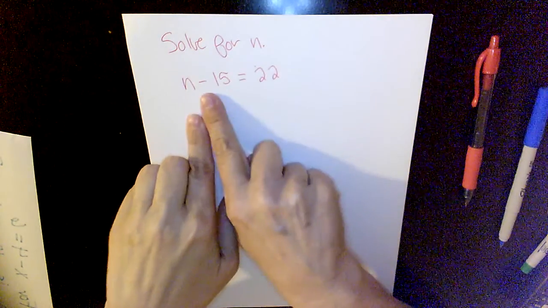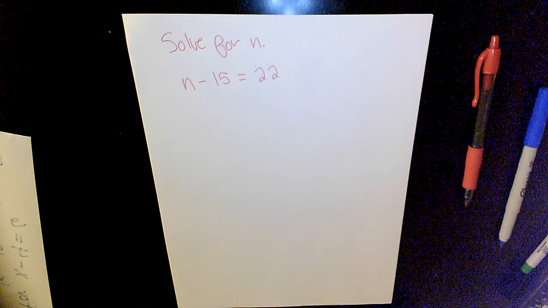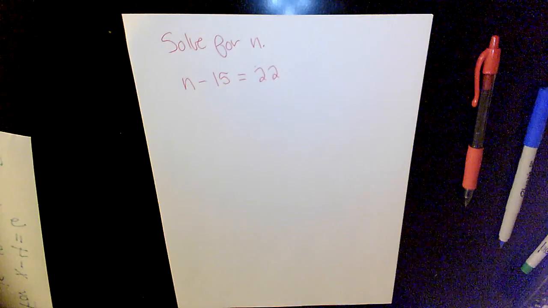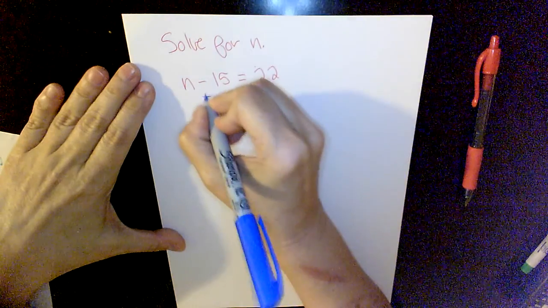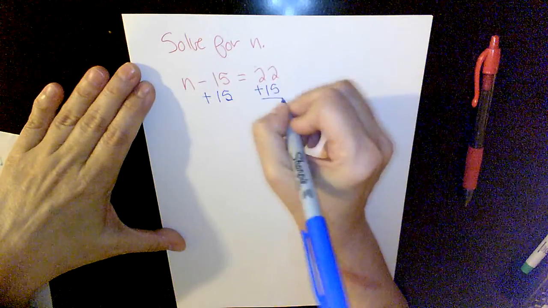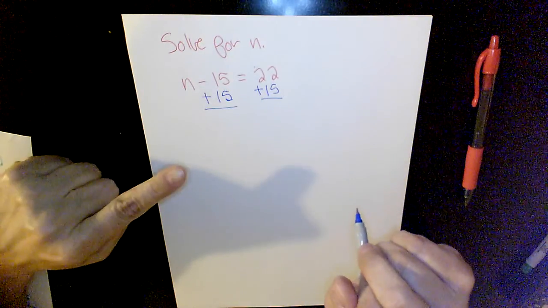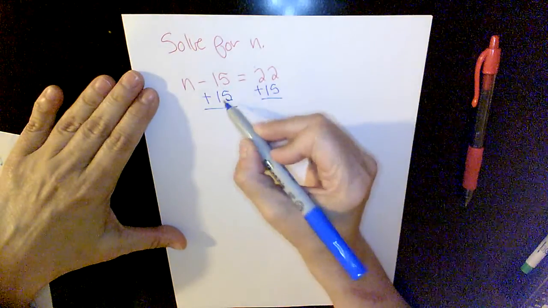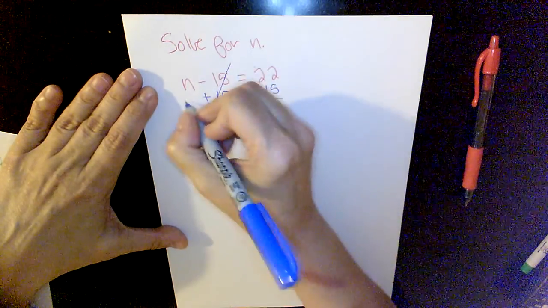And remember, we're looking over here, we're subtracting or minusing a 15. What's the opposite of subtracting 15? Well, adding 15. And what I do to one side, I have to do to the other, because there's an equal there, and I need to equal it out. So I've got a minus 15 and a plus 15, and these are 0. These cancel out.